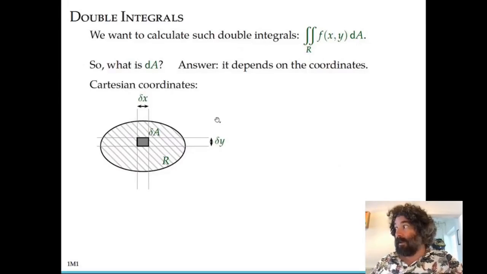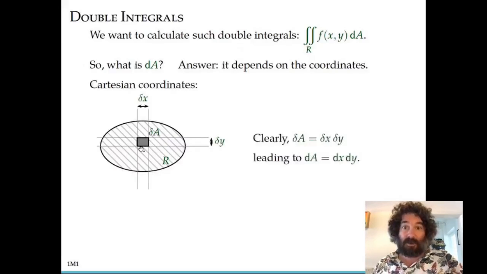Then the area of a small little rectangle that we divide this region R up into is going to be the width times the height. And so if we divide the y-axis up into little intervals of length delta y and the x-axis into little intervals of length delta x, then the corresponding delta A is going to, of course, be delta x times delta y.